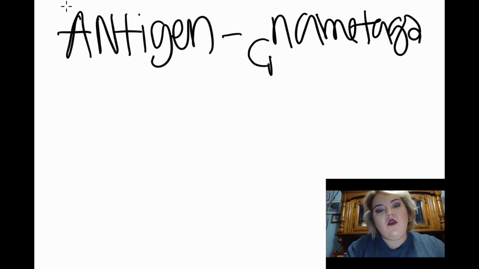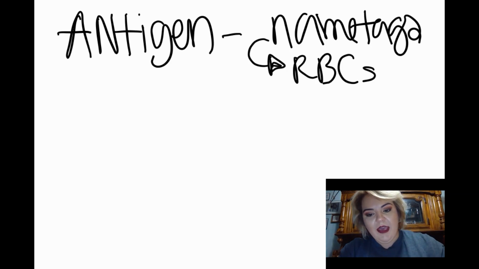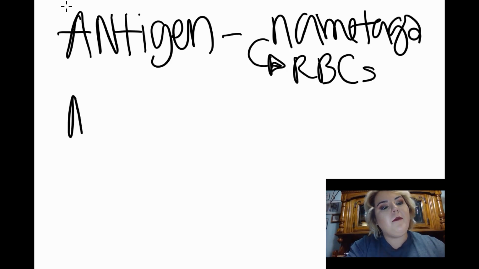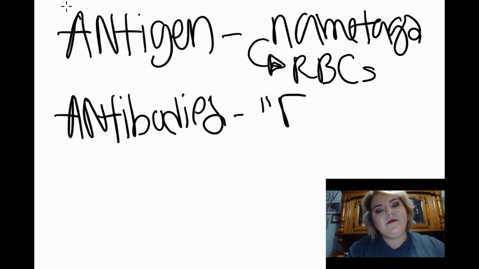They are going to be found on the surface of red blood cells. And from the antigens that are present, our body is going to produce our antibodies, which are our fighters. They're going to aid in immune responses.